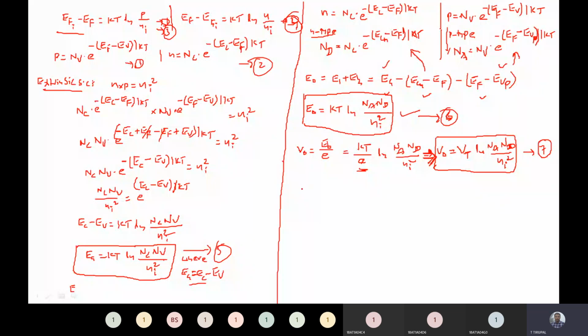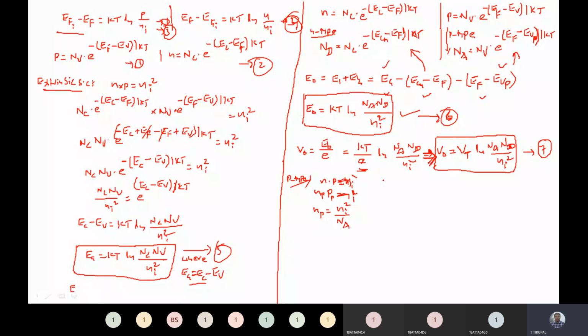For P-type semiconductor, I told you already, according to the mass action law, N into P is equal to Ni square. Now for P-type, Np times Pp is equal to Ni square. So Np is equal to Ni square divided by Pp, and Pp is the acceptor concentration Na.